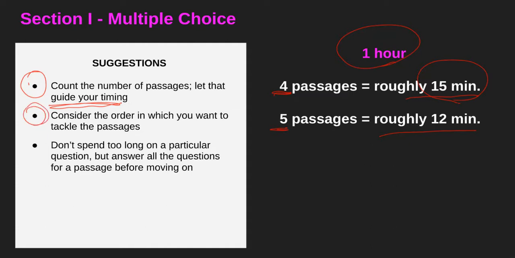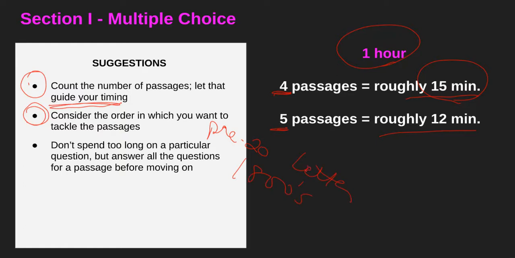The second suggestion here is to consider the order in which you want to tackle the passages. The College Board presents these passages in a particular order, of course, but that doesn't mean you have to answer the questions in the order in which they present them. So let's say the first passage is some pre-20th century letter, like a letter from the 1800s.